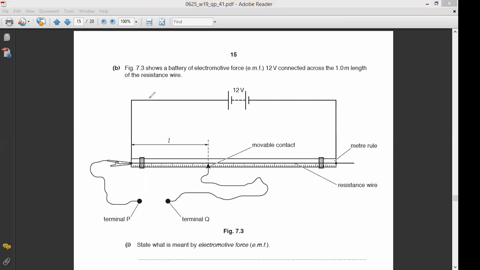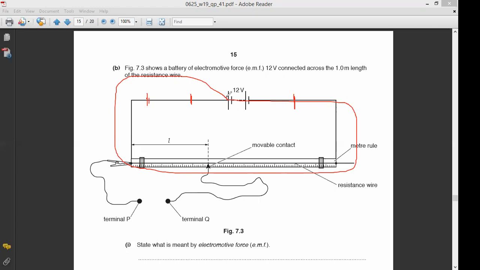The work it takes to transfer 1 coulomb of charge of electricity from this point to this point is called potential difference. But the energy or the work done it takes to transfer 1 coulomb of electricity from the point where I started from to this same point again is called electromotive force.